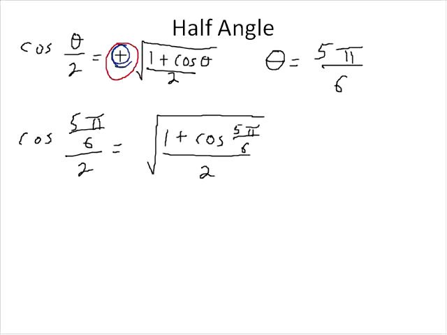Now I can look this up on my unit circle, and I can see that the cosine of 5 pi over 6 is negative square root of 3 over 2. So this is equal to the square root of 1 plus negative square root of 3 over 2, divided by 2. Now I need a little more room to write, so I'm going to move on to the next slide.